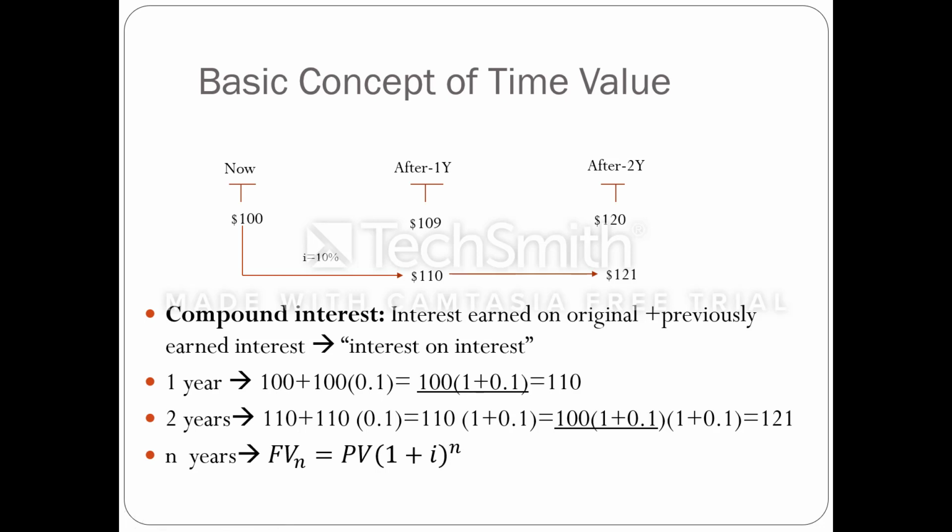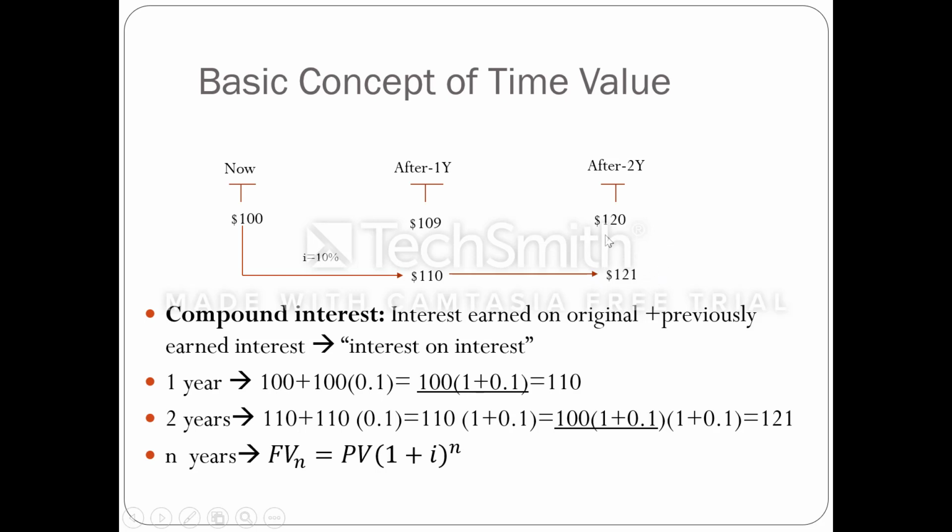Now here there is a very related concept of present value and future value. Now this $121 is the future value, 2 years onward, of the present value of $100. So say this $100 you just got today, 2 years onward at 10% compound interest, your $100 becomes 121.